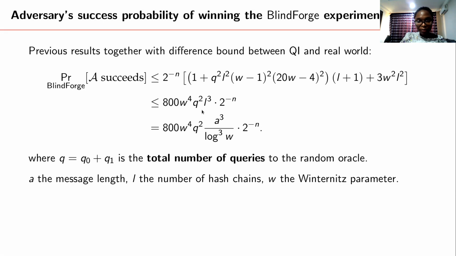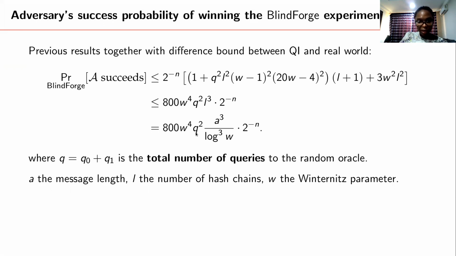And this L depends on the message length and on omega and W, the Winternitz parameter, as we have seen in the description of the Winternitz scheme, so we can rewrite this L as follows. Looking at these parameters, we see that W is constant, and also those numbers are constant, since W is constant and the message length is constant.